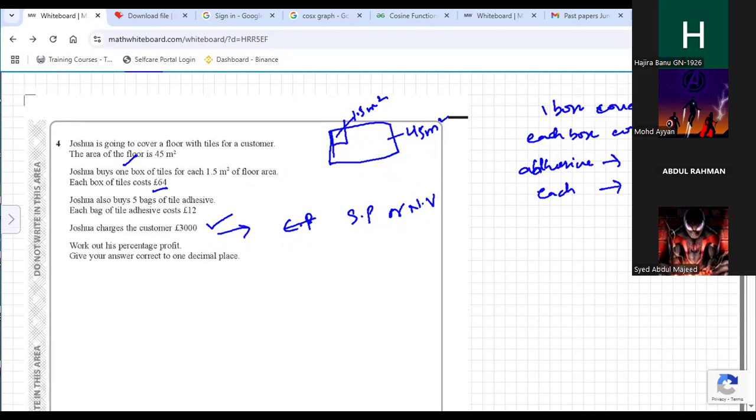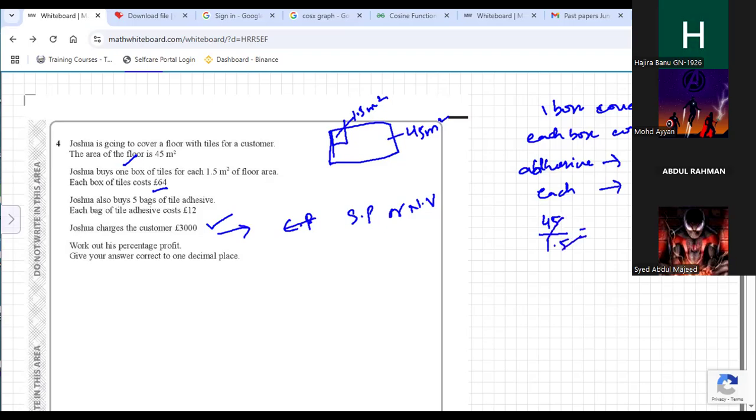First of all, we should find out how many boxes of tiles are required to cover 45 meters square. For 1.5 meters, one box, so for 45, we should first divide 45 by 1.5.